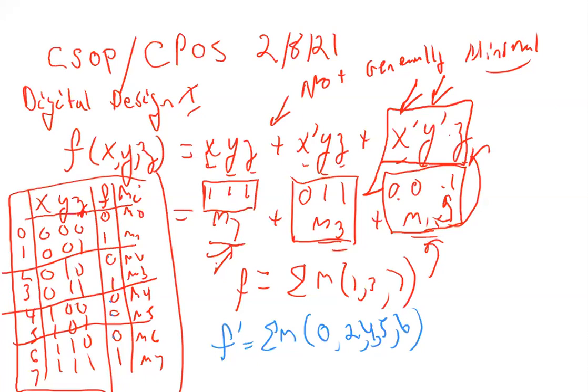Yeah, you don't need to have every complement and every non-complement in every expression, but you do need to have the variable x, y, and z in every product term, either in its inverted or non-inverted form. Okay, thank you.